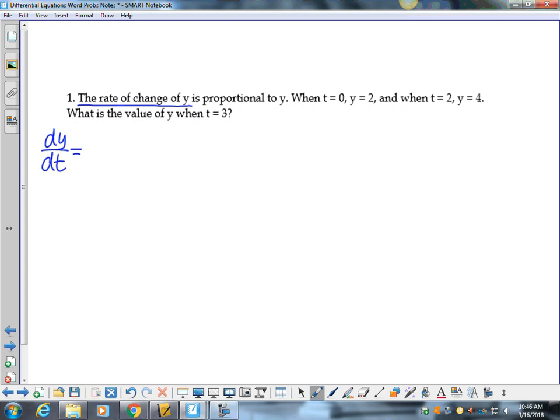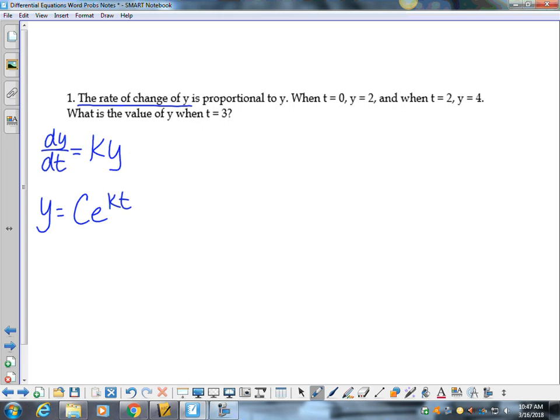Very good. Equals. Proportional to y. ky. Now, when we separate our variables and do all that stuff, what are we going to get? y equals what? Ce to the kt. That's just where you insert that whole process that we just did up there in the corner.